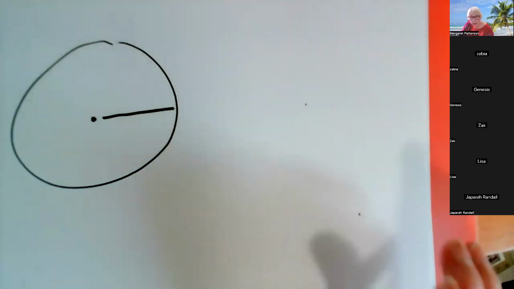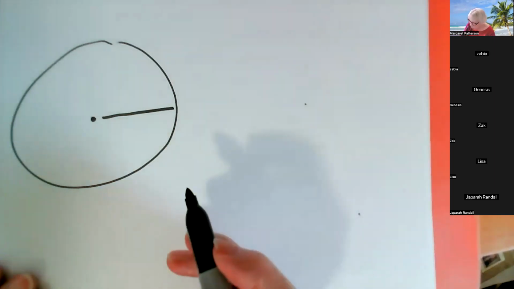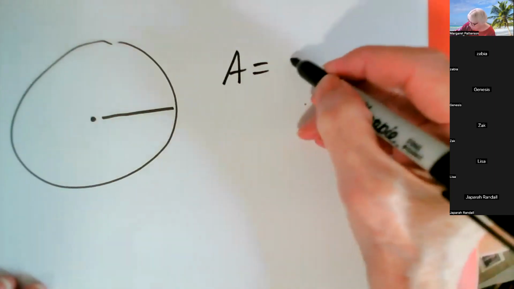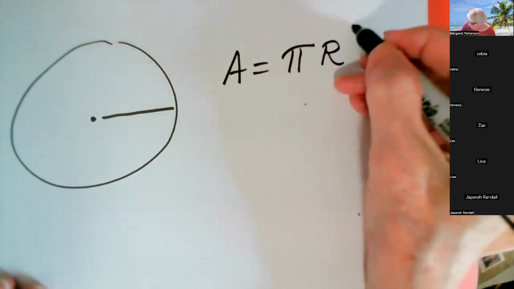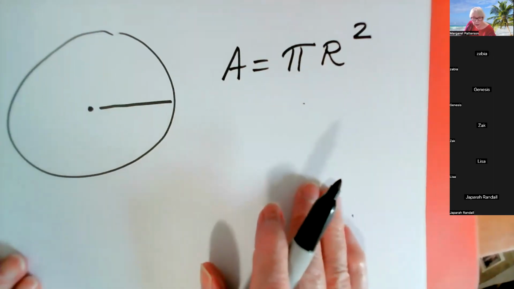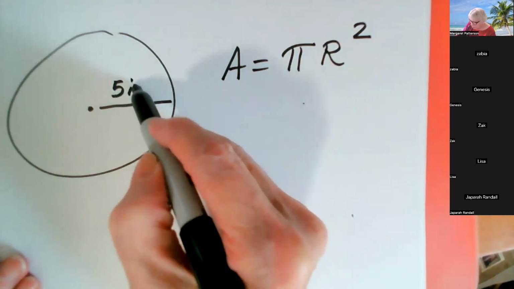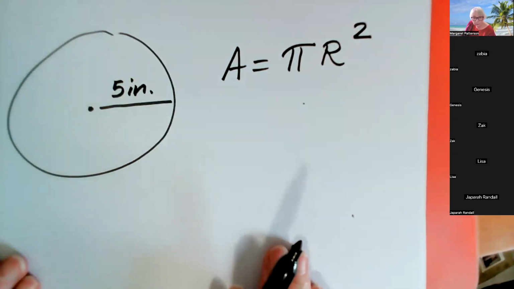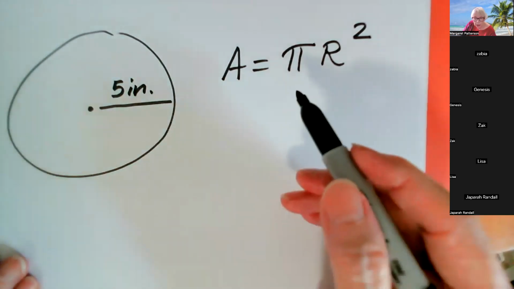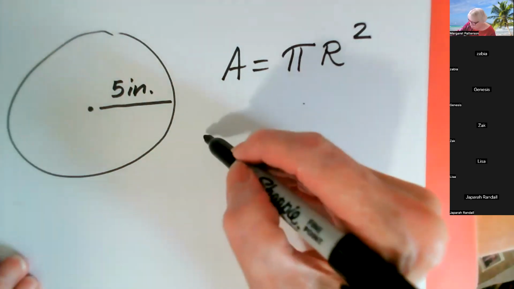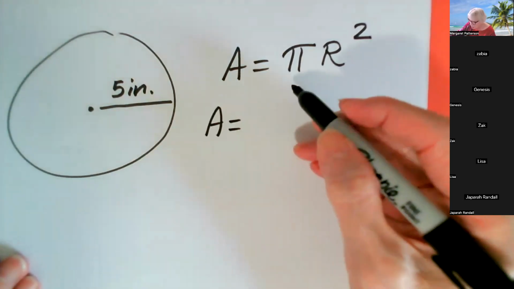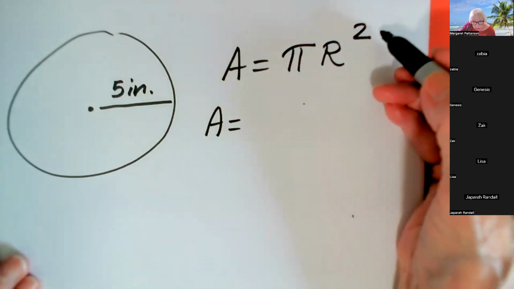I'm going to quickly do this one, although pi r squared, you can sing it. I'm going to keep the same one, 5 inches. Somebody recently told me they had trouble with this because they didn't square it.